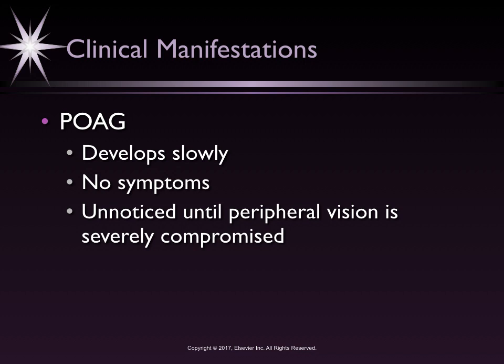Often there's no symptoms, and it's unnoticed until the peripheral vision is severely compromised. Eventually, the patient with untreated glaucoma has tunnel vision, in which only the small center of their visual field can be seen, and all the peripheral vision is gone.